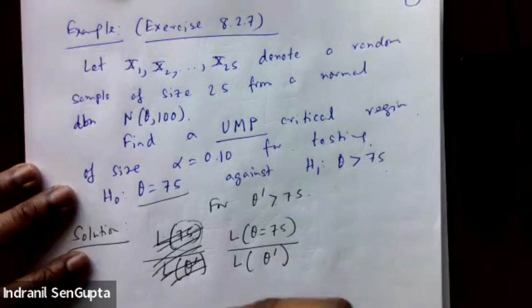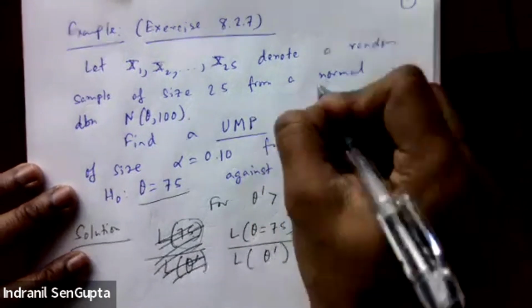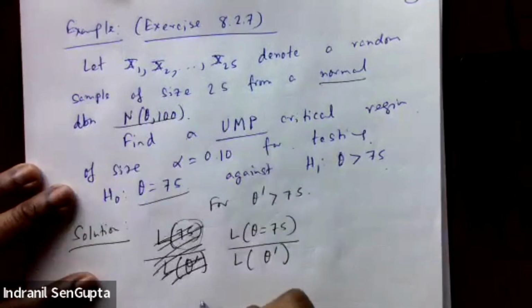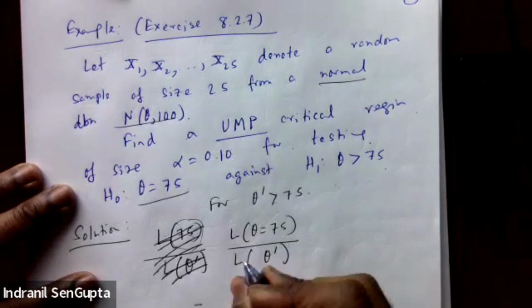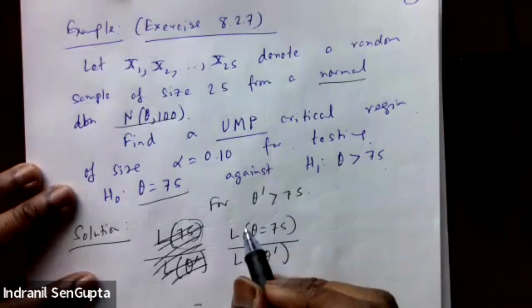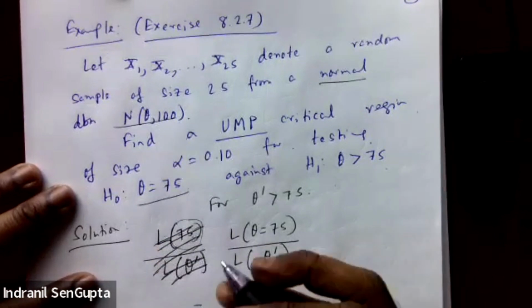Let's compute this. In this case, there is a random sample from the normal distribution, so it's easy to do. It's going to be e to the power. All of them have the same variance 100, so the variance part gets cancelled.